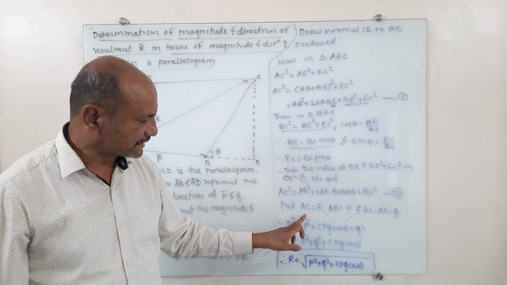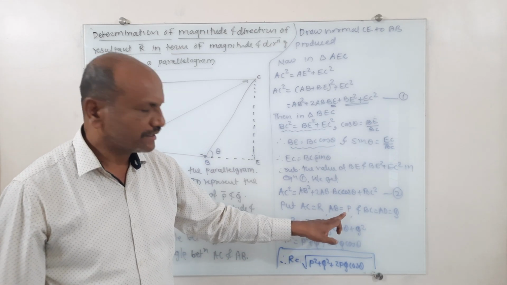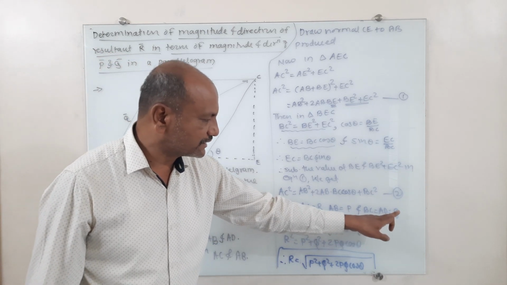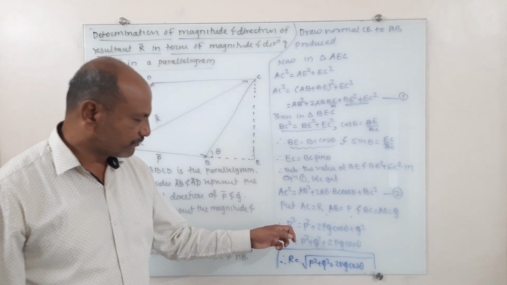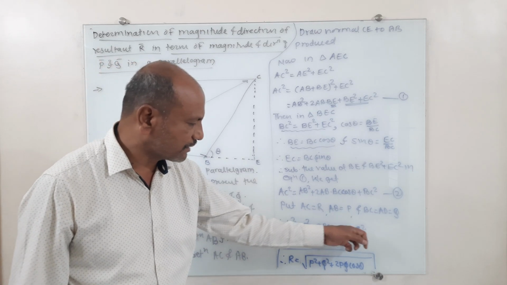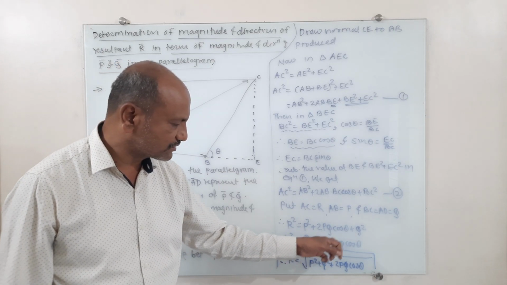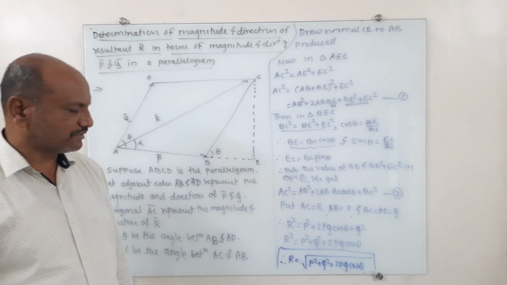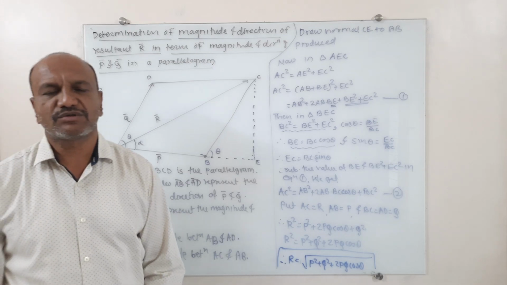Put AC is equal to R, that is the magnitude of the resultant. AB is equal to P, magnitude of vector P bar. BC is equal to AD is equal to Q, magnitude of vector Q. Therefore, we get R square is equal to P square plus Q square plus twice PQ cos theta, and finally R is equal to under root P square plus Q square plus twice PQ cos theta.